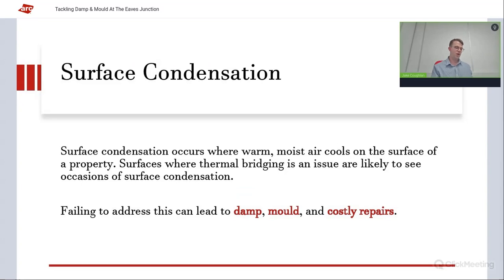But the reason why that temperature factor is so important is because of surface condensation. We brought up earlier why it's important to insulate homes. The most important thing with thermal bridging is that we get a cold spot, which the surface temperature factor describes. And with that cold spot, we're likely to see surface condensation.